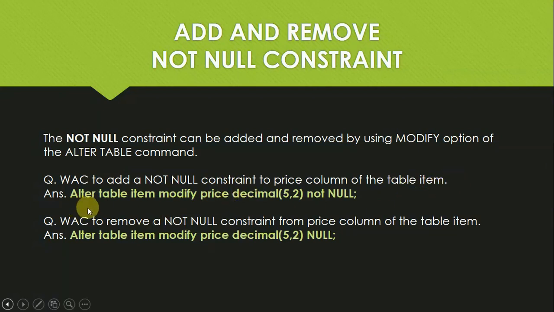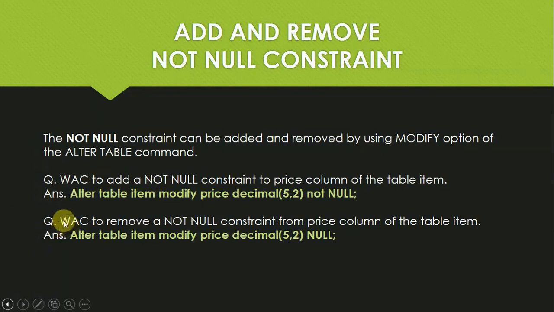We can give this constraint by using the query alter table item modify price, then we give the data type decimal(5,2) and then not null. So this will add the not null constraint to the column price of the table item. So we have to use alter table and then modify.